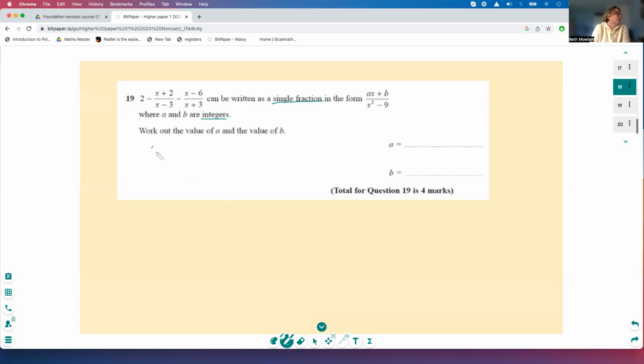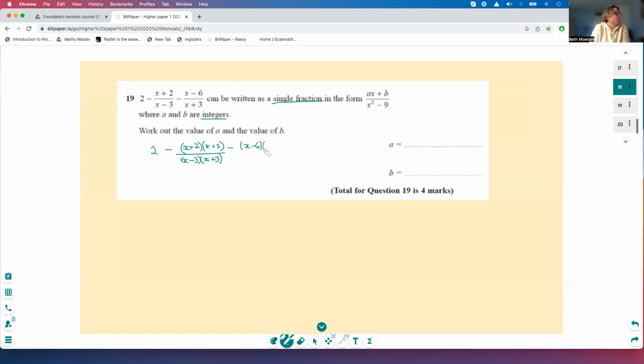So first of all, let's combine the two fractions we've got. So let's make our common denominator x minus 3, x plus 3. So I've timesed the first fraction by x plus 3 over x plus 3.